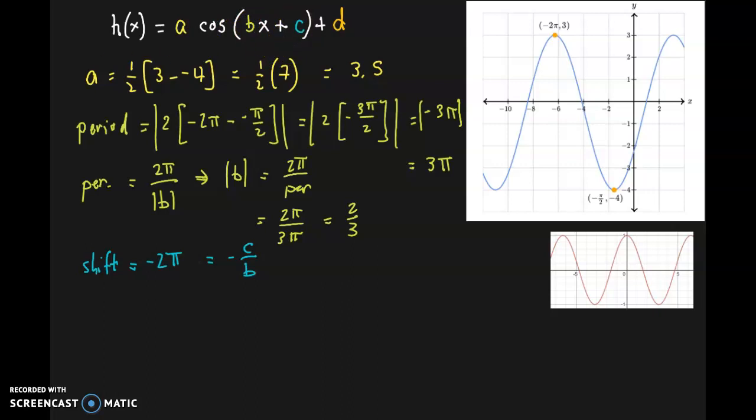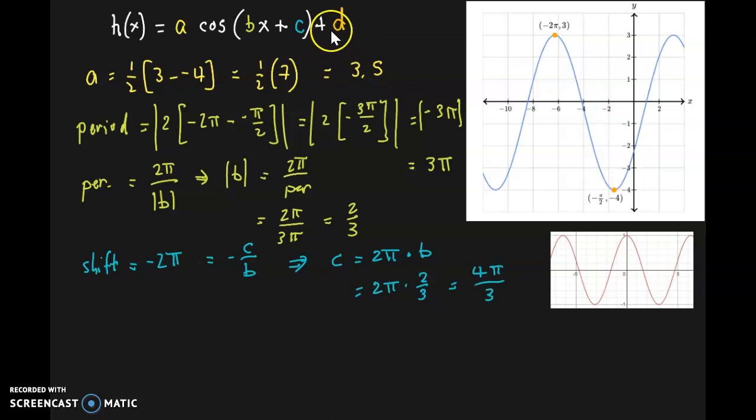So if I do a little bit of algebra now to try and figure out what c is, because I already know what b is, I can say that, so we've got negatives on both sides, so I can just say that c is going to equal 2 pi times b, and b we set up here is 2/3, so that is 2 pi times 2/3, or 4 pi over 3. So that's what our c is.